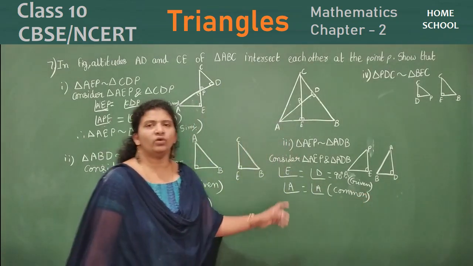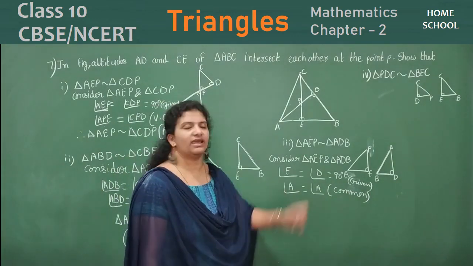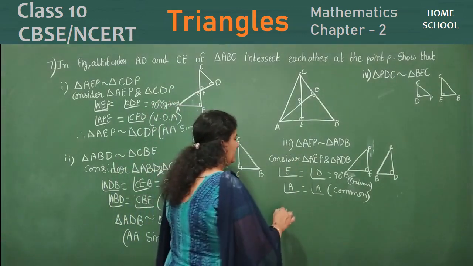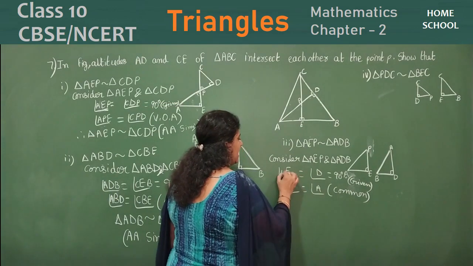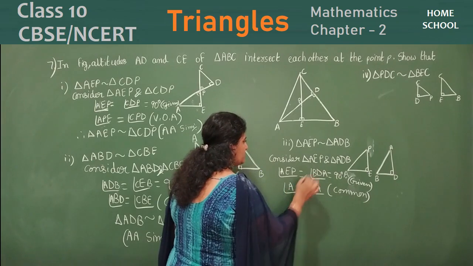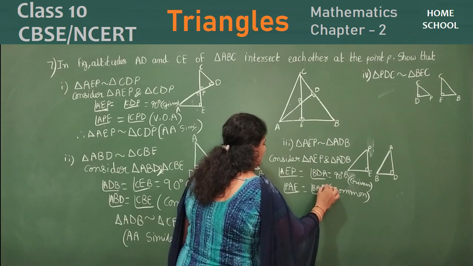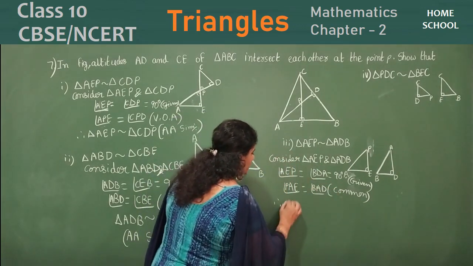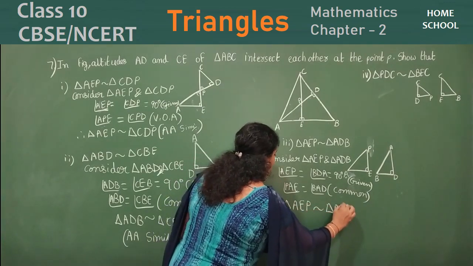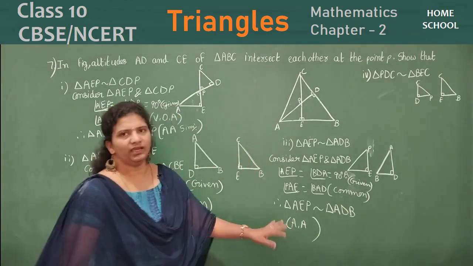Right? If two corresponding angles of two triangles are equal, then the two triangles are similar. By which criteria? Angle-angle similarity criteria. If you want, you can write this AEP and BDA. This A, angle PAE and angle BAD. Therefore, triangle AEP is similar to triangle ADB by angle-angle similarity criteria.